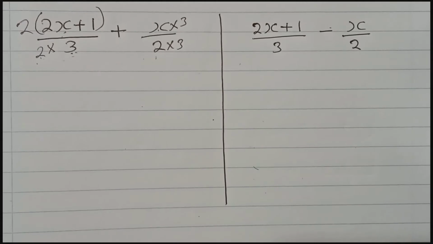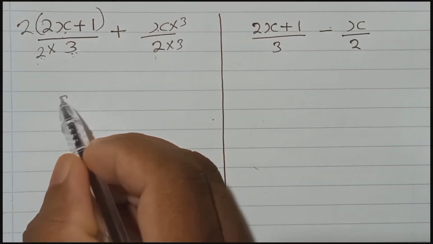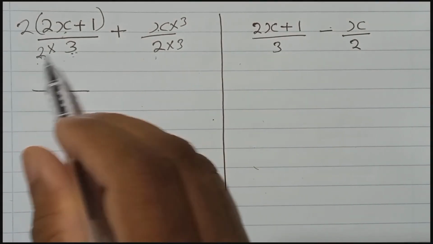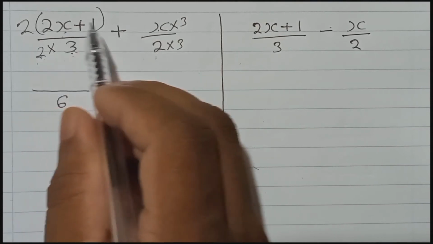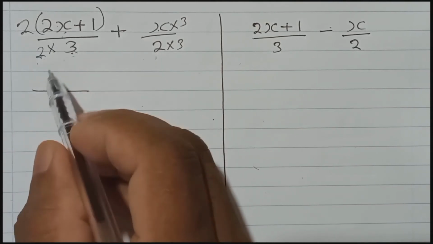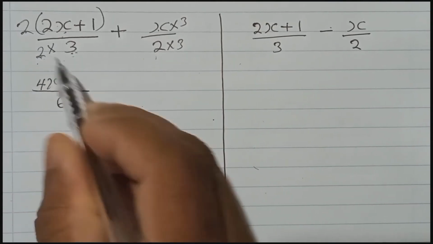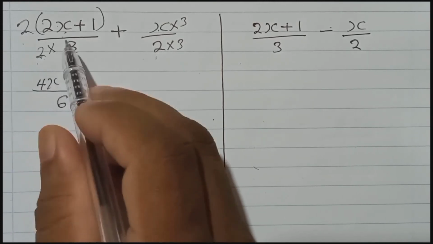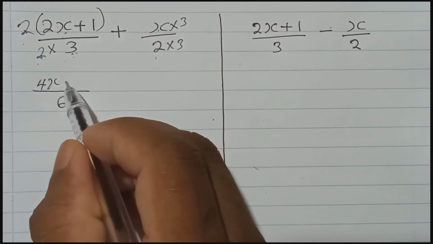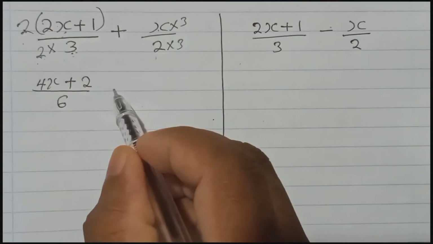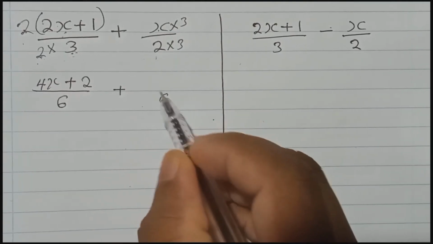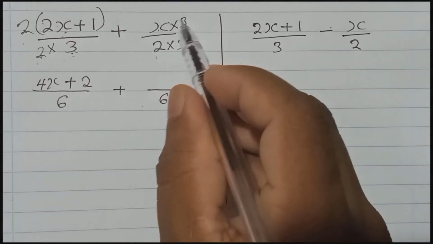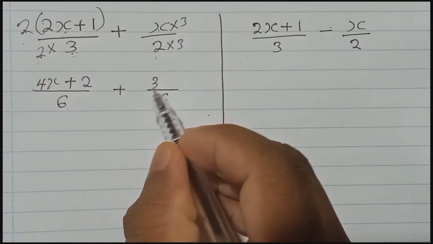Now I need to multiply this both by 2, so 2 into 2x will be 4x. 2 into 1 will be just 2, and here again 6, and here x into 3, or 3 into x, will be 3x.